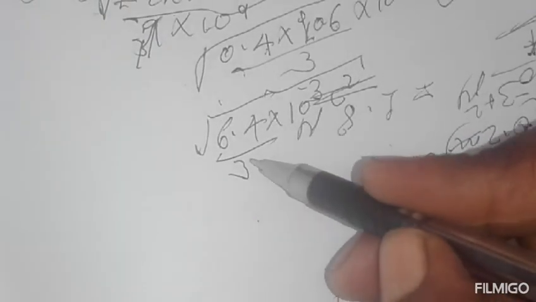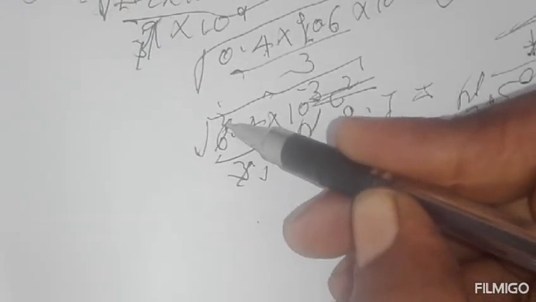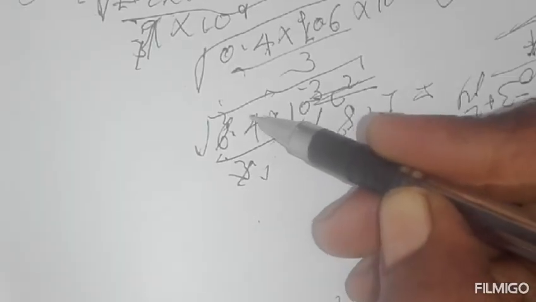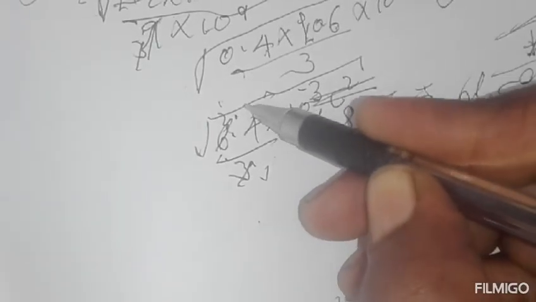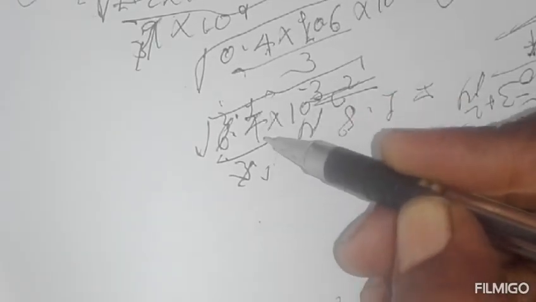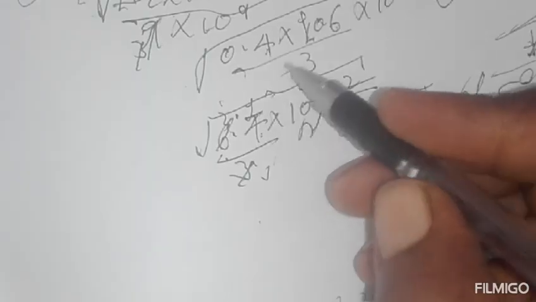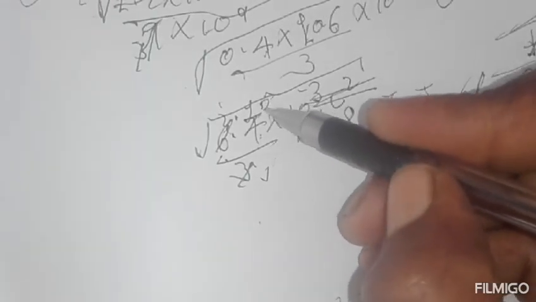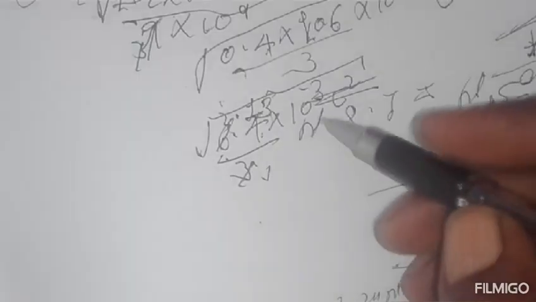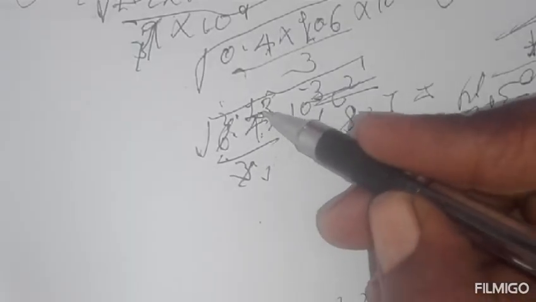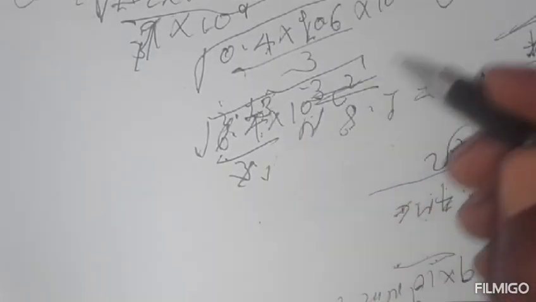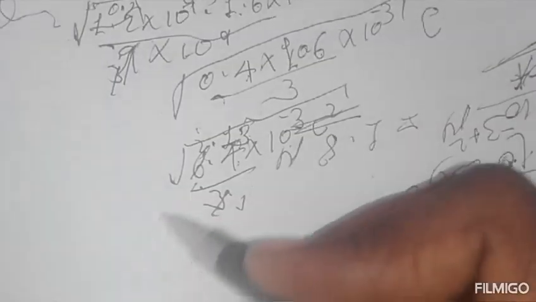Then dividing by 3, we get 3.13 times 10 to the power of minus 3 under the square root.